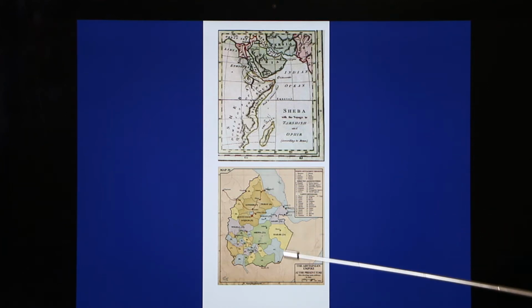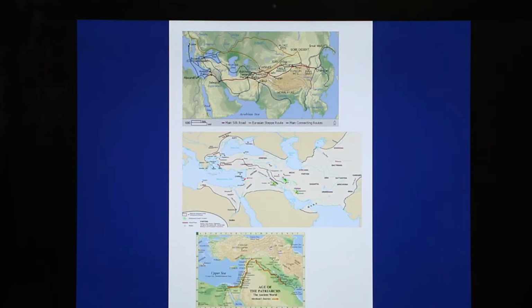Here is the Abyssinian Empire. So all of these things, we have modern day maps in our mind for them, but in fact, the earlier maps were far extended and far different, and Sheba went all the way down to Madagascar.